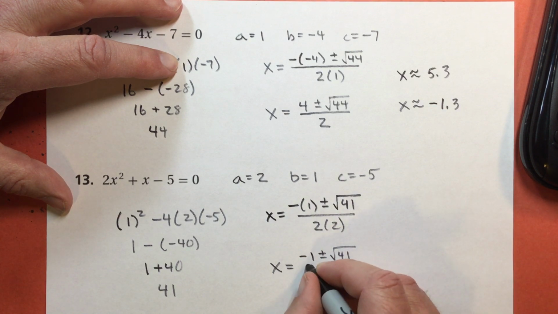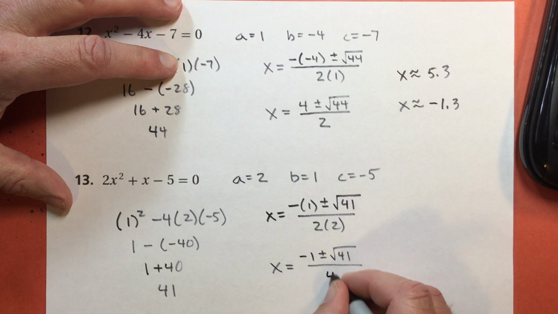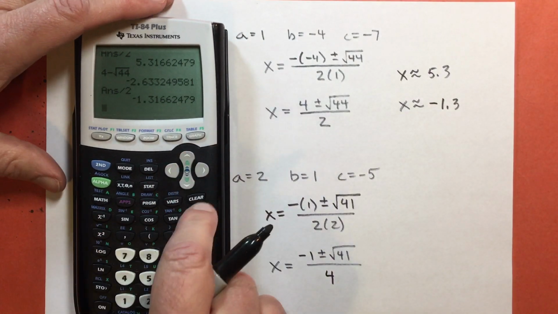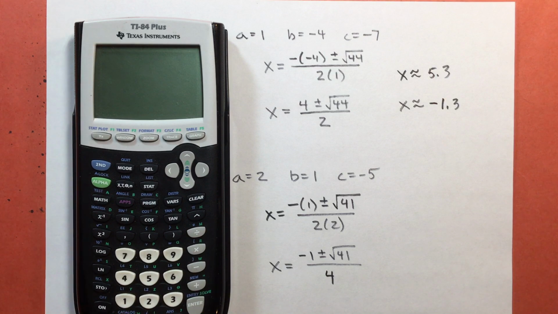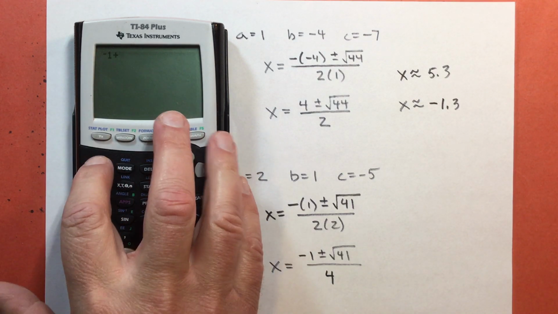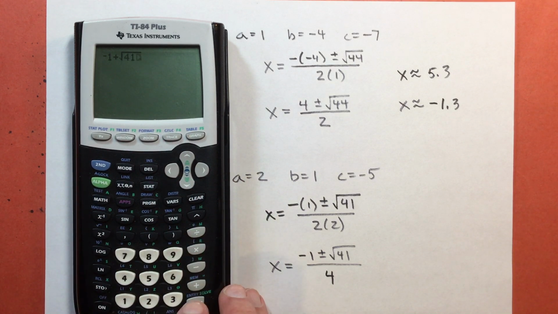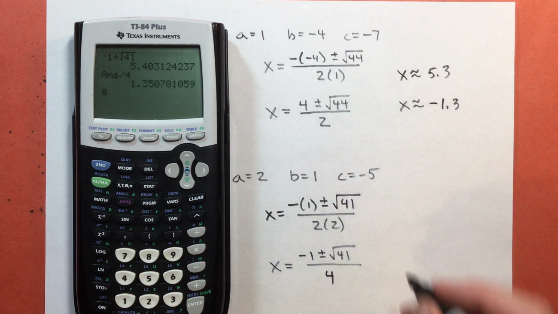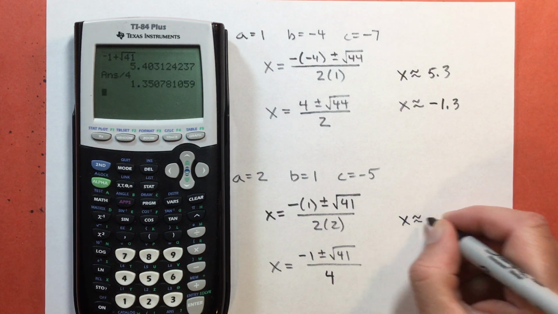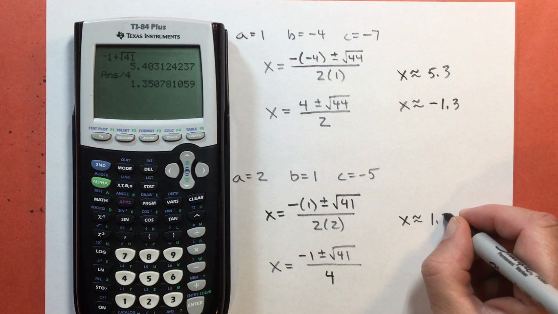We'll put this in the calculator, and 2 times 2 equals 4. So let's do -1 plus the square root of 41. It's about 5.4. I'm going to divide that by 4.